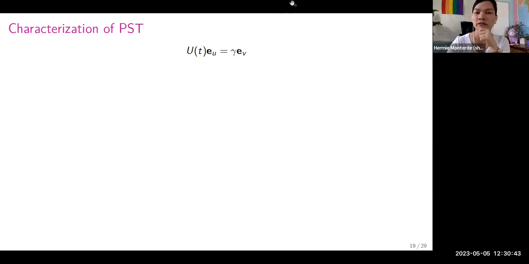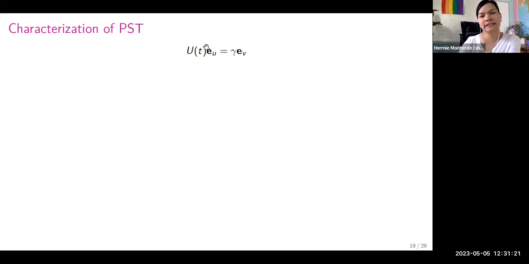Any questions so far, everyone? I'll do this characterization of PST, and then the characterization of PGST will follow similarly. After that, we'll take a look at graphs that have caught the attention of physicists and mathematicians, because those graphs are attractive to physicists when it comes to modeling the quantum spin networks we talked about at the very beginning.